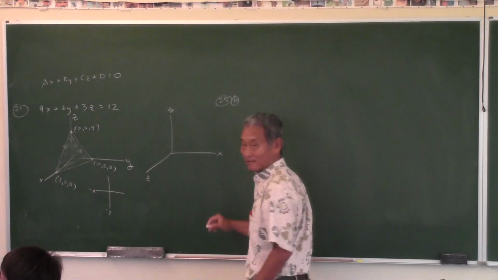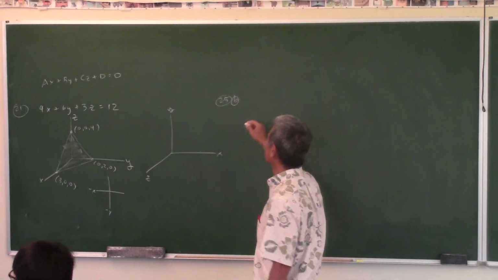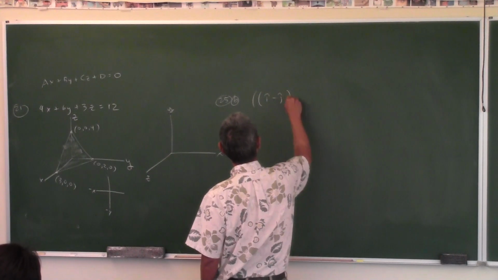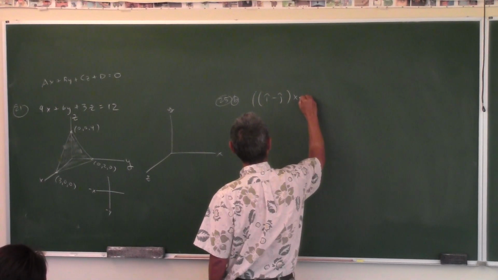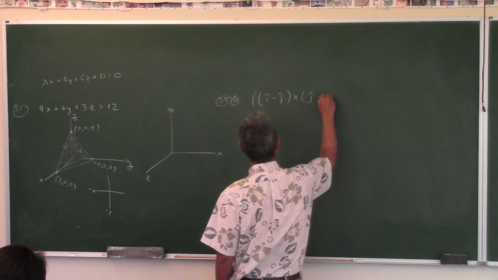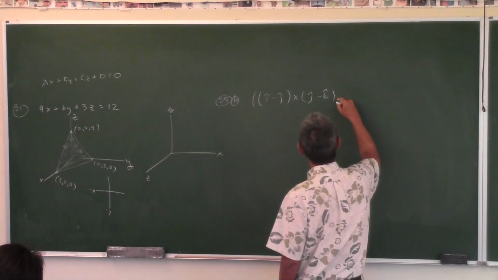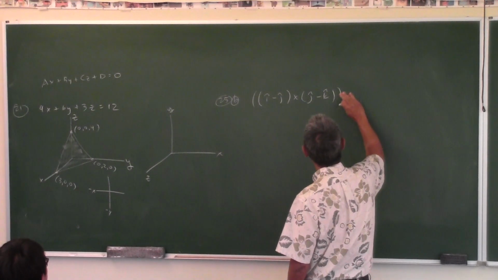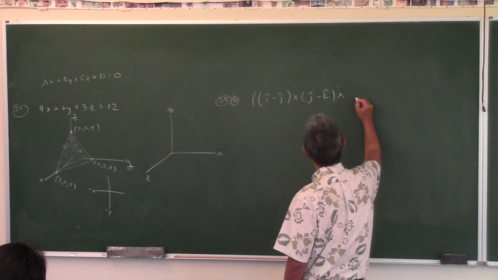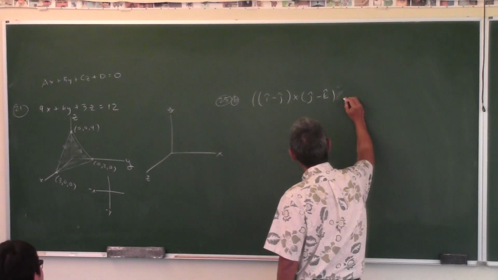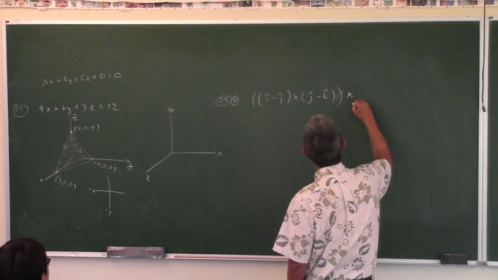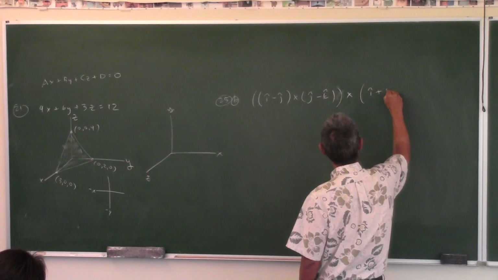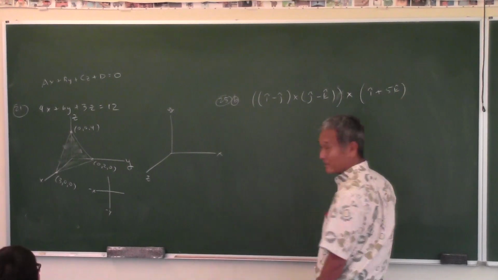Here, just look at what I had. Double quantity i minus j, cross quantity j minus k, double quantity times or cross quantity i plus 5k. That's it? Yeah.